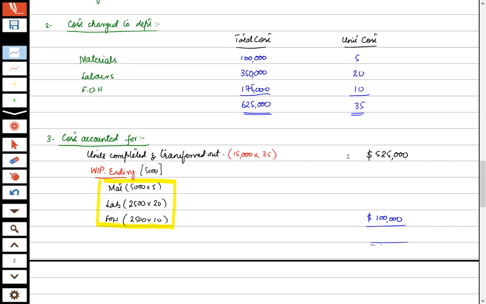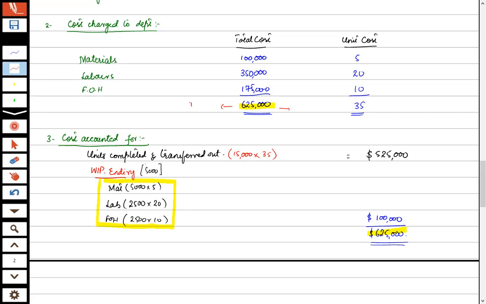This total cost is equal to 525,000 plus 100,000, which equals 625,000. Now see, the cost that was initially applied in the department was 625,000, and it is accounted for as 625,000 in a way that it is broken down into two parts.